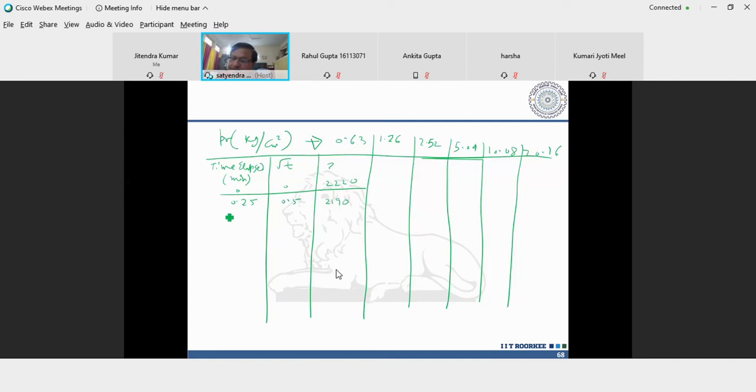Then after 0.25 minute, you take the reading at 1 minute. It can be, say, 2180. Then at 2.25 minutes, it is say 2170.